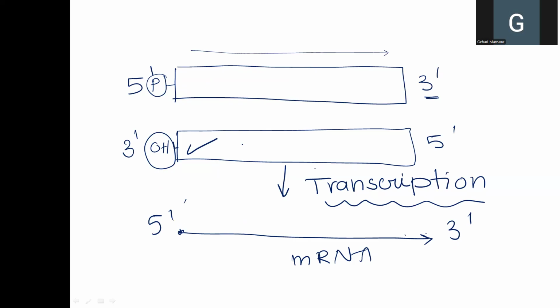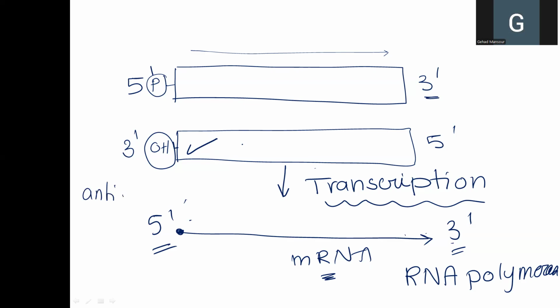Why? Because if you want your new strand of messenger RNA to be built in that direction, so here you have 5 prime and here you have 3 prime, just because the enzyme of building RNA, which is RNA polymerase, can only build in this direction, then your template strand on which you are building should be complementary and in the opposite direction, anti-parallel to the messenger RNA that you want to transcribe.